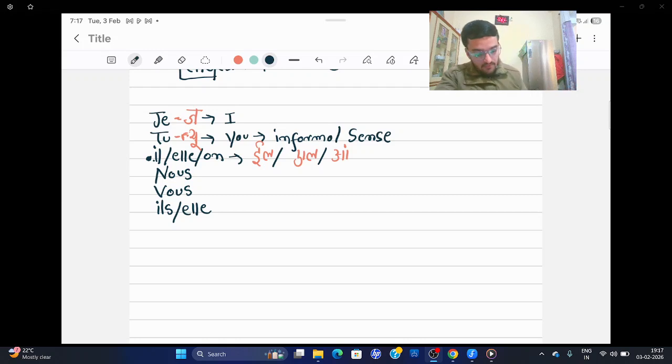All right. But what is the difference between them, il, elle, and on? So il is used to refer to or address a person who is masculine. Okay, let me just make a rough page.